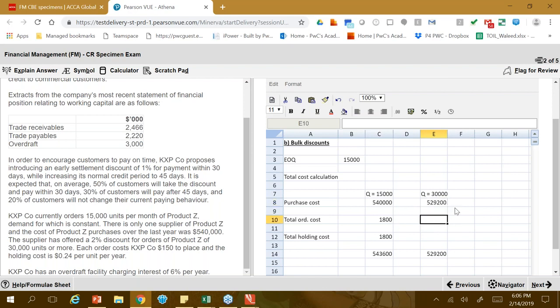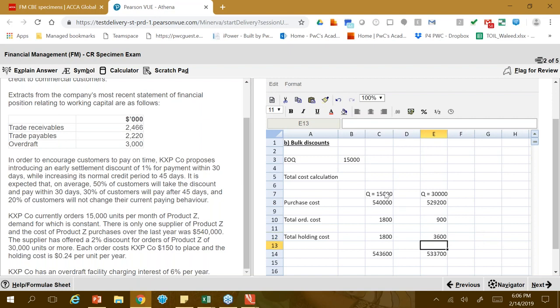Total ordering cost again, D over Q. D is 180,000. The Q is 30,000 into the C naught, which is 150. And then total holding cost: the Q is 30,000 divided by 2 into the holding cost per unit per annum, 0.24, and that gives us our final answer.